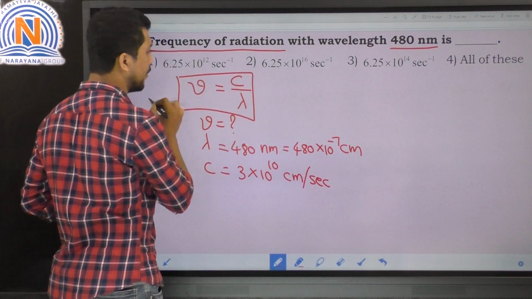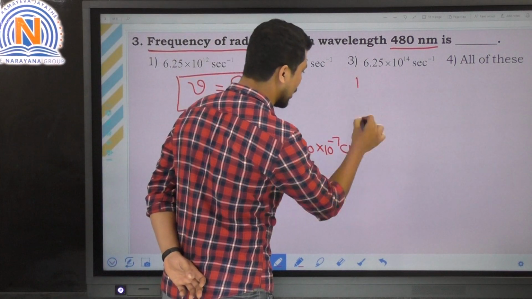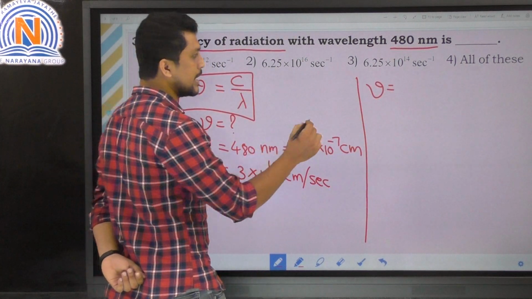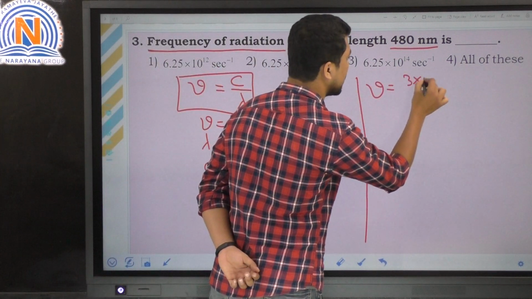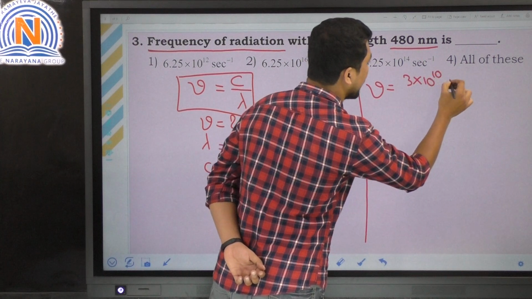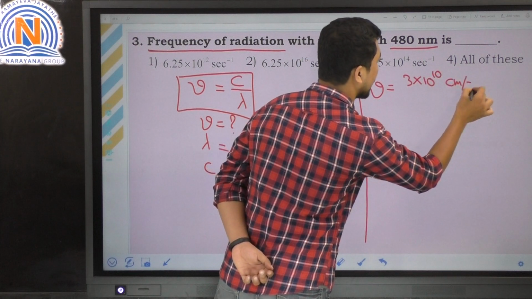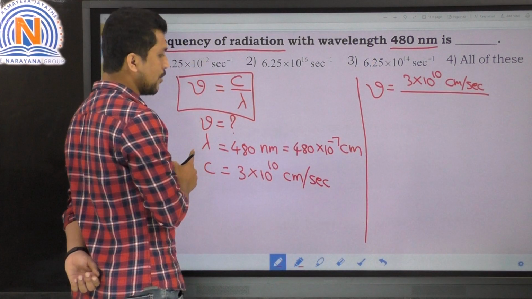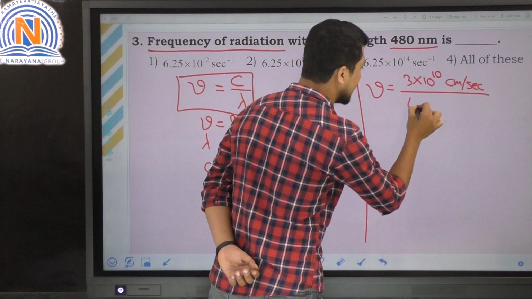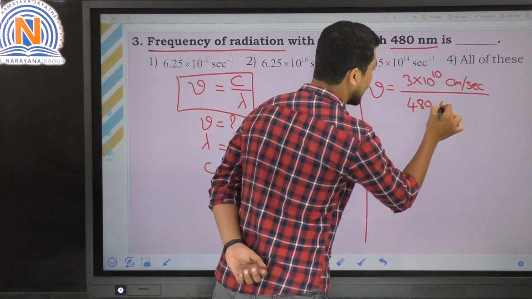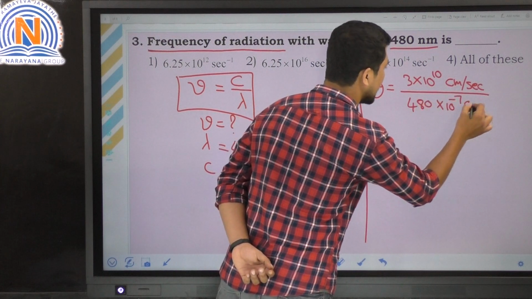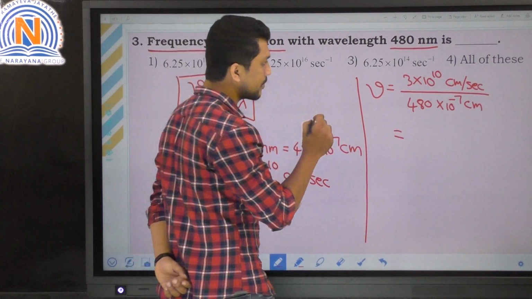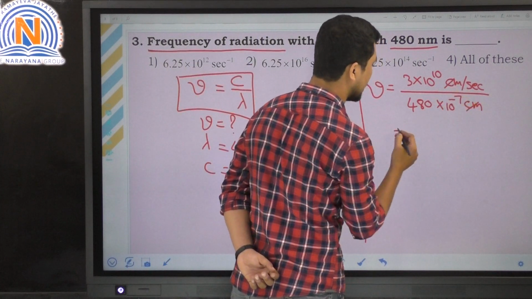Nu equal to c by lambda. c is 3 into 10 power 10 centimeter per second, whole by the lambda value, 480 into 10 power minus 7 centimeters.